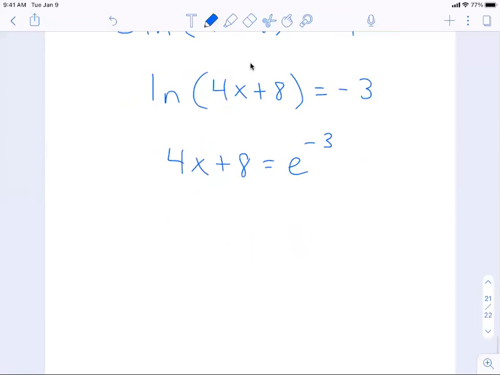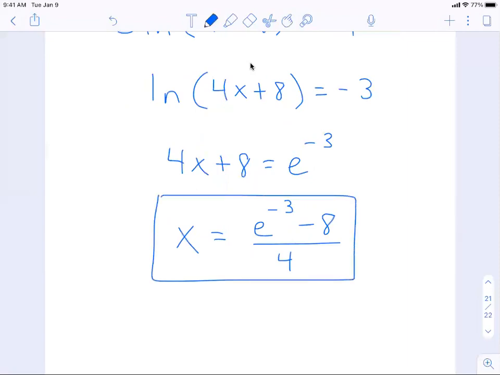To solve that for x, I subtract 8 and divide by 4. I'm going to write my answer in terms of e. So x would be e to the negative 3rd minus 8, divided by 4. That would be an exact answer.